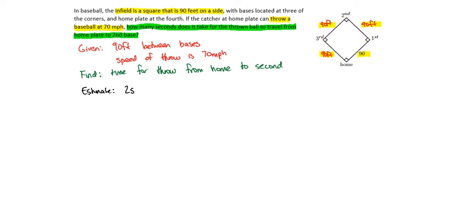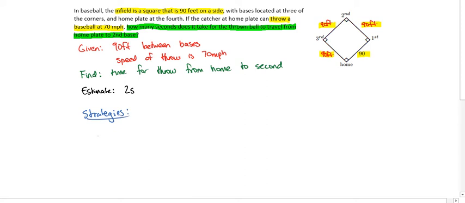Now, in terms of solving it, I already have a strategy in my mind that I can use to solve this problem. And that is an algebraic strategy that involves a formula. And that formula is speed equals distance over time. And I just know this from my work in previous years and in science class and in math class.